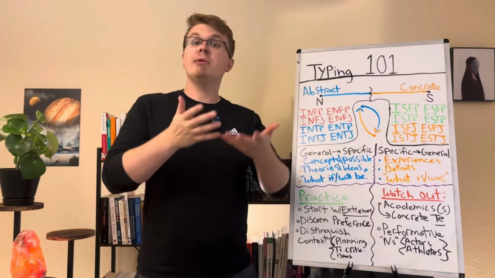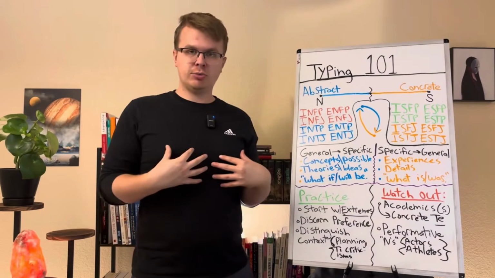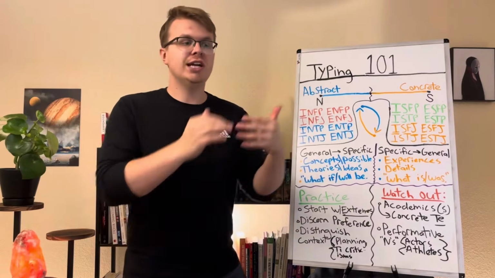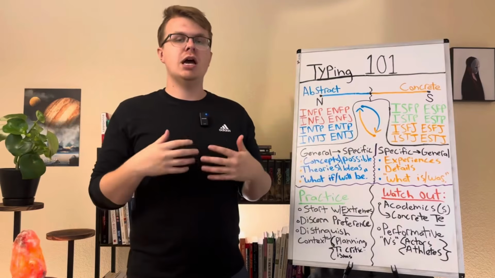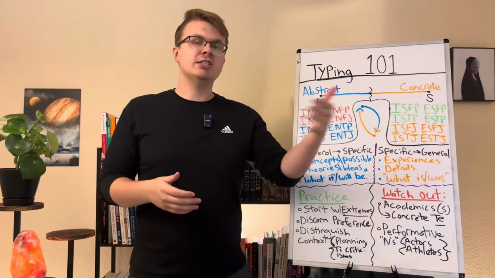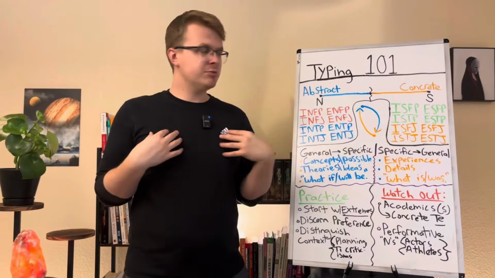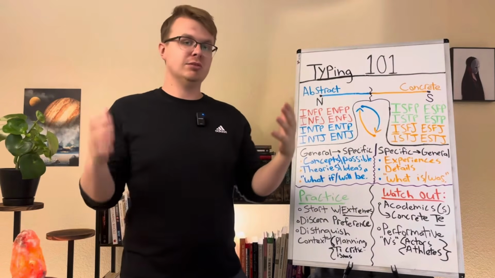It's probably like an 80-20 rule. They look at so much of their life experience, so much of what they've been through, and then they use that to project a little bit into the future. Okay, this might be possible, that might be possible. I'm going to prepare for that based on what I've been through. That is moving from the specific, from my personal experience, towards what is general, towards the idea, towards the possibility.